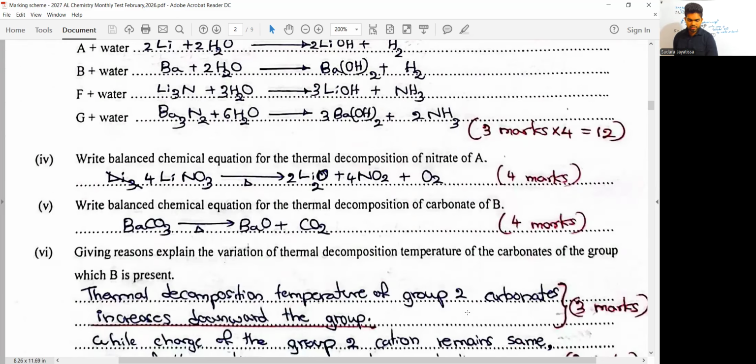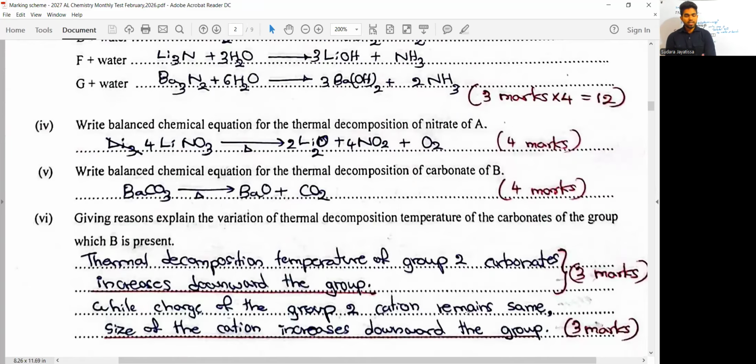And the next one, the sixth one, says write the balanced chemical equation for the thermal decomposition of A. So nitrate of A. Nitrate of A means lithium nitrate. And we have studied the thermal decompositions under nitrates, carbonates, and bicarbonates. Nitrates are thermally decomposing according to three categories, no? Remember?